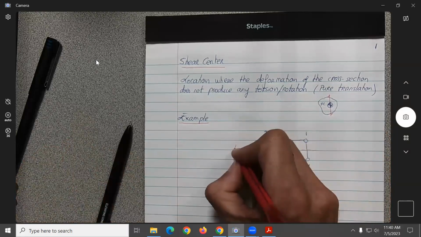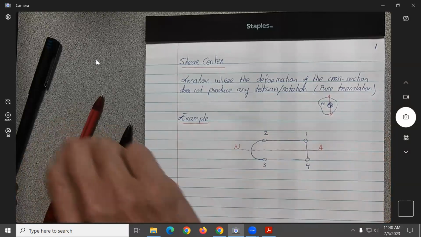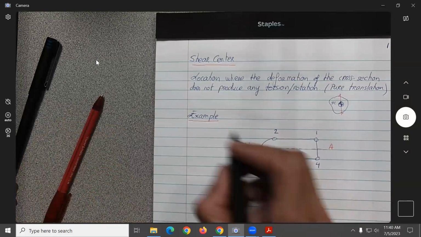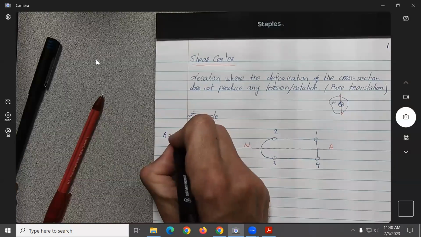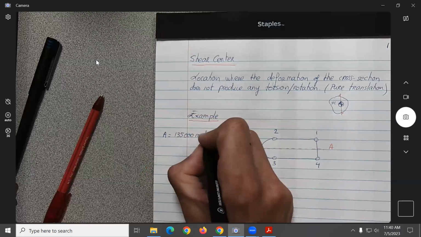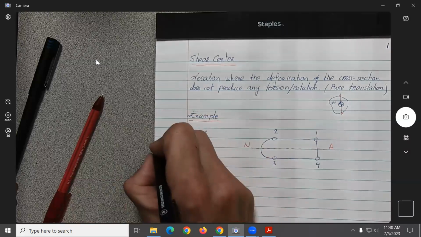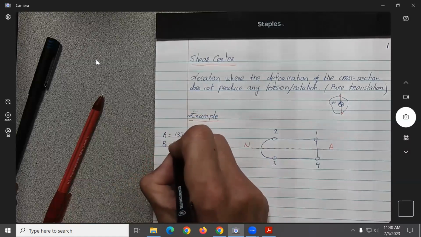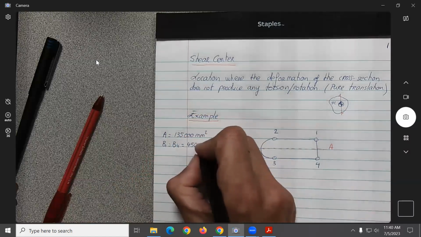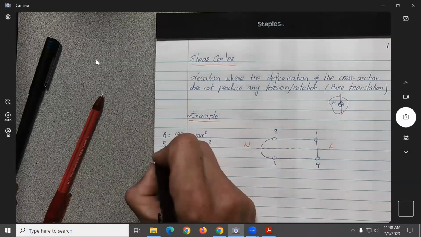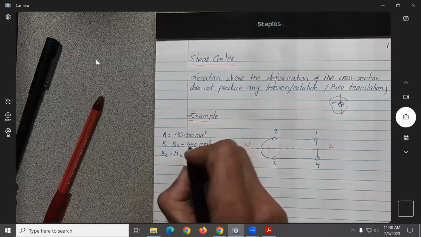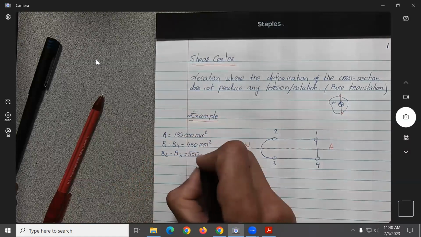So if it's symmetric, this would be the neutral axis. Let's see what we have. The total area of the cross section is 135,000 millimeters square. The area of the boom 1 equal to the area of the boom 4. So boom is the stringer, equal to 450 millimeters square, and the area of the stringer 2 equal to the area of the stringer 3, and this one is equal to 550.